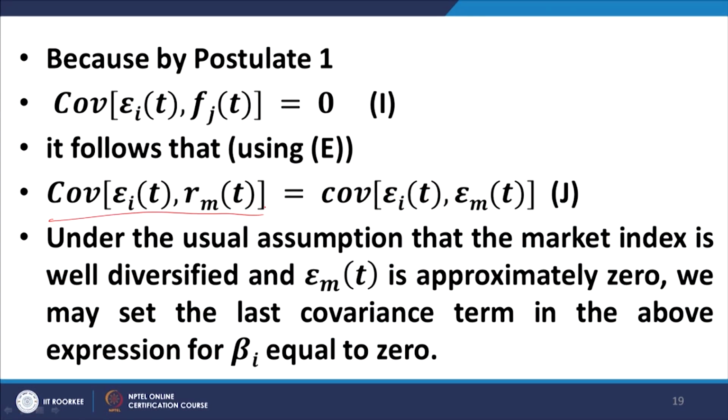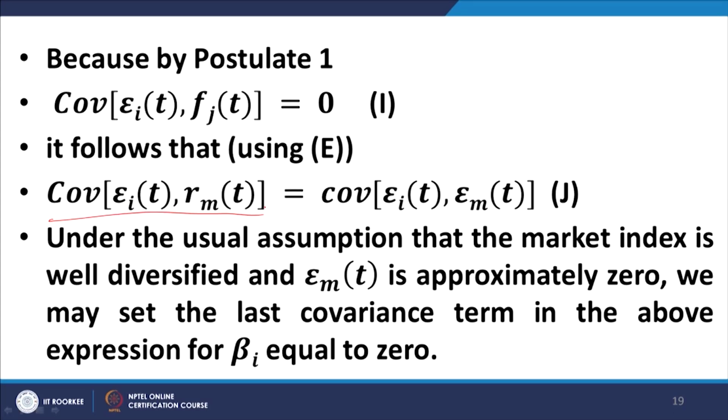In other words, all the terms in this covariance, let me underline it, when I substitute R_Mt in terms of its linear factors, the generators F1t, F2t and so on, what we get is the covariance of epsilon_it with F1t, epsilon_it with F2t, and so on up to Fkt.